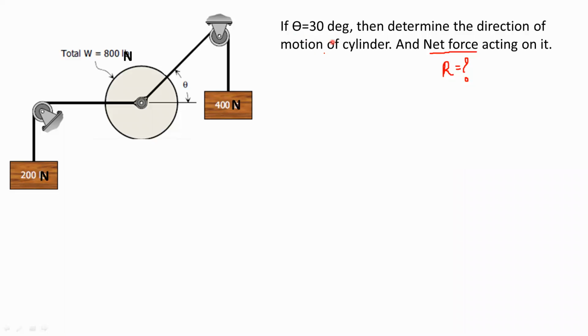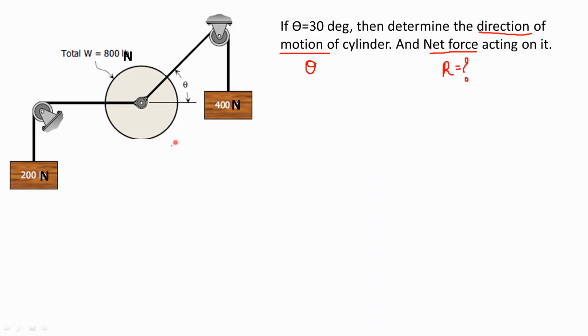And second, we have to find out the direction of motion. The direction of motion indicates the direction in which the resultant force will act. In that direction, the complete system, or this cylinder, will move. So we have to find out the angle theta for the resultant. This direction of motion is nothing but the theta for this resultant force.